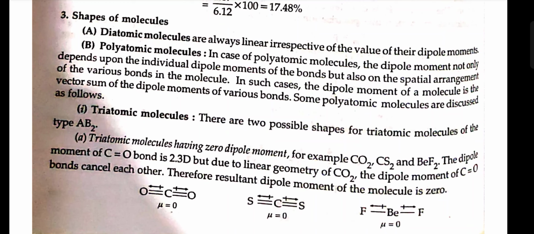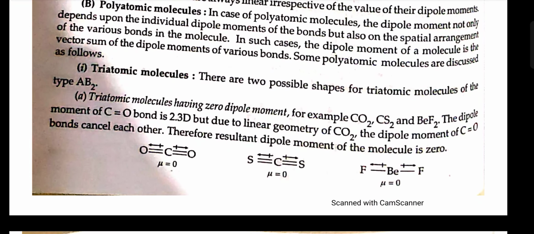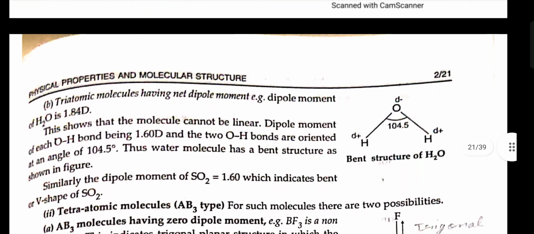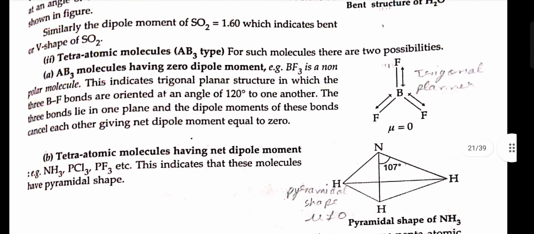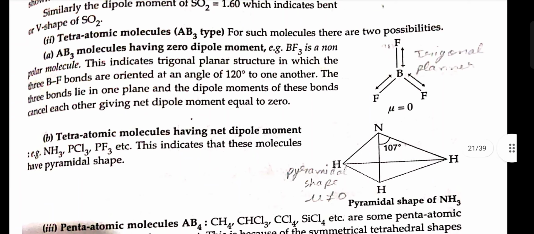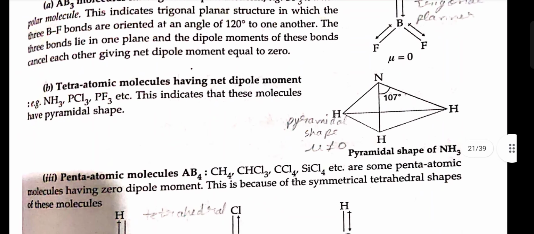For a triatomic molecule like CO2, the net dipole moment is 0 because the bond dipoles cancel out. But some triatomic molecules like H2O have an angle not 180 degrees, so they have some dipole moment. Among tetraatomic molecules, BF3 cancels out completely, but NH3 has a net dipole moment due to its pyramidal shape.